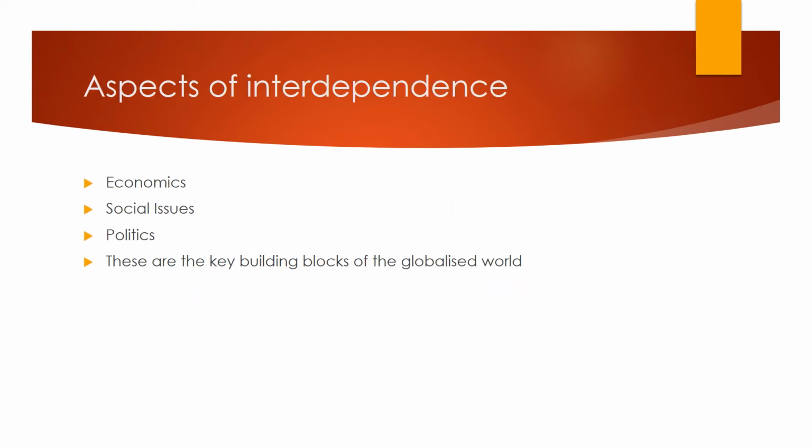So these are the key aspects of interdependence: economics, social issues and politics, and they are seen as the key building blocks of the globalized world. So the financial and trading systems around the world need to work together in order for us to have a globalized world.